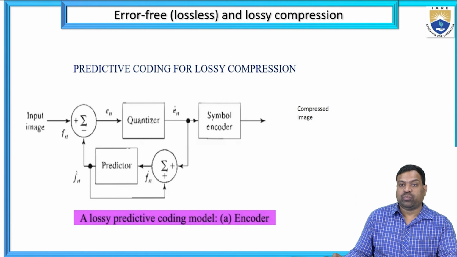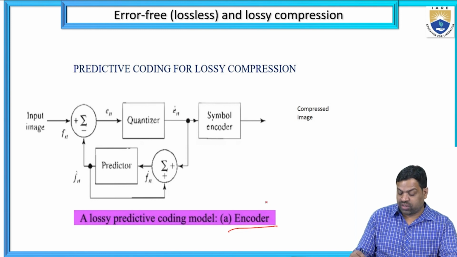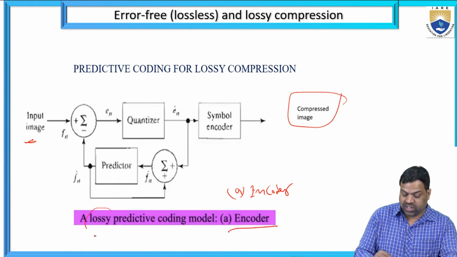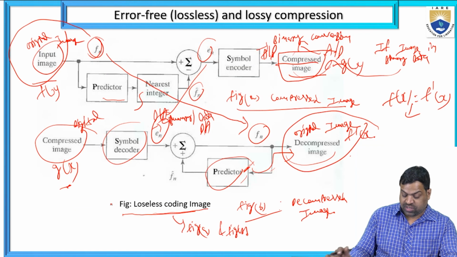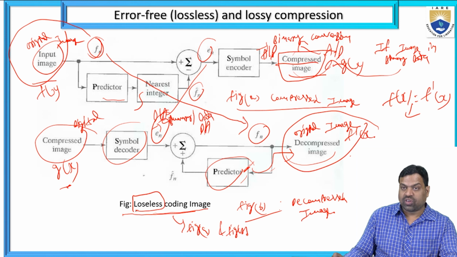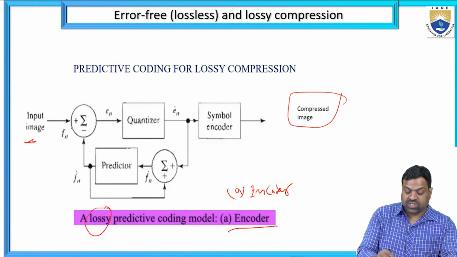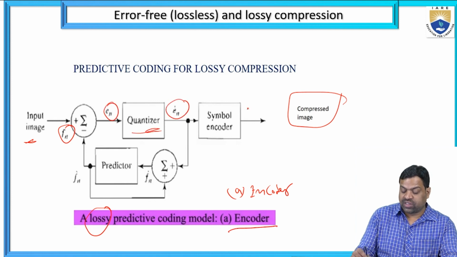Another one, a lossy predictive coding model. Figure A is an encoder. So input image, output is a compressed image. But what does that mean here? It is lossy, the earlier one is lossless. So lossless and lossy, what are the stages? In the input image, f of n, predictor, quantizer, e of n, symbol encoder means analog to digital conversion.